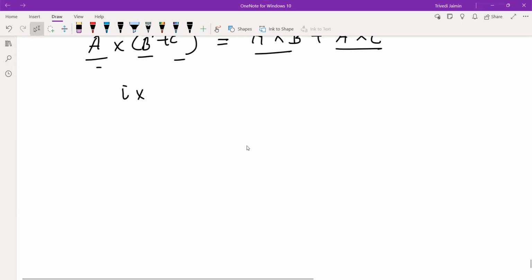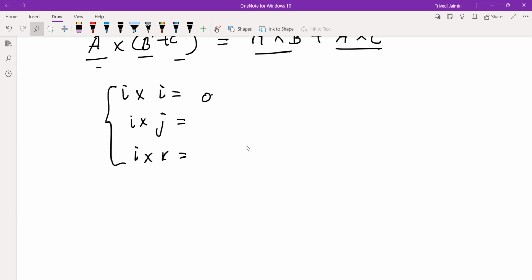So for these vectors, i cross i will be 0. These are caps, okay. i cross j will be what? We don't know. i cross k, that also we don't know. Let's see.